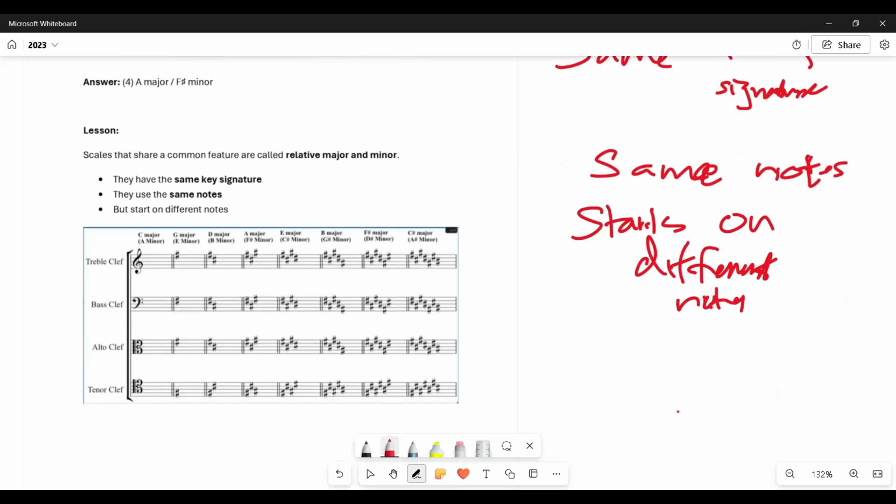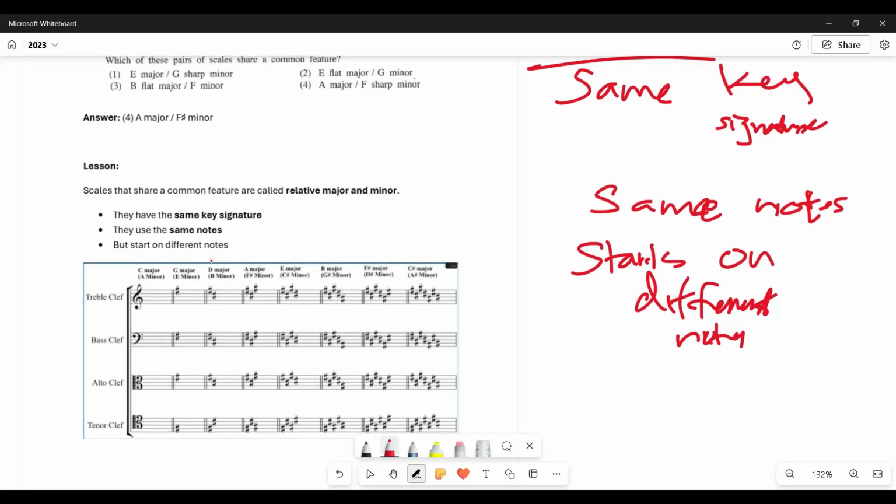Okay, so these are the relative majors and relative minors, as you may or may not know. This is C major and A minor. They are relative majors and relative minors. So that's an example.